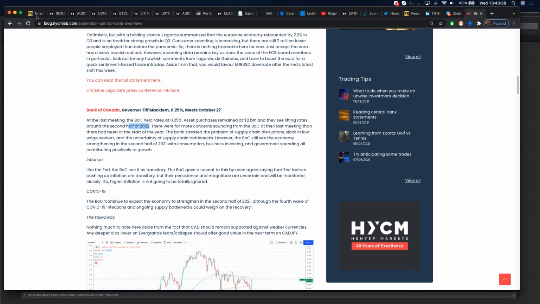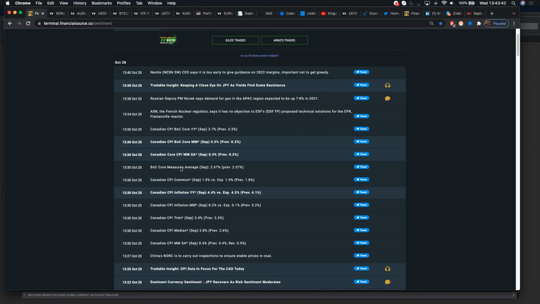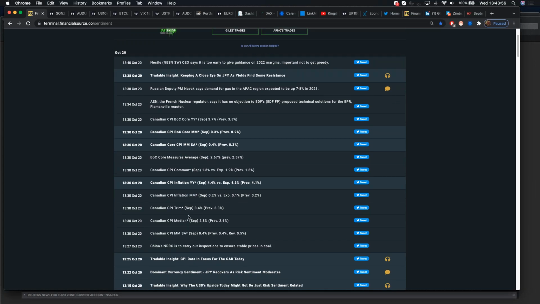Now, we had inflation just out, and the inflation details have just been released, and we can see that Canada's favored inflation metrics are the trim, the core, and the median. You can see trim's a bit higher, median's a little bit higher, and the core is a little bit higher.